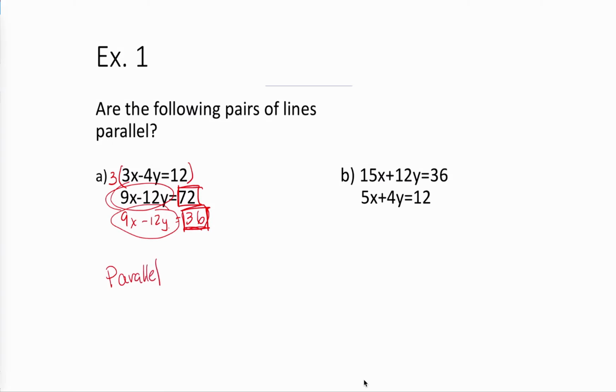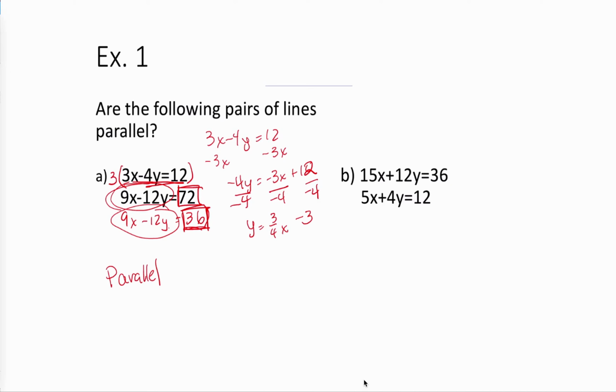If that doesn't make sense to you, put them in slope-intercept form to double check, right? So 3x minus 4y equals 12, minus 3x from both sides, negative 4y equals negative 3x plus 12, divide by negative 4, y equals 3/4 x minus 3.